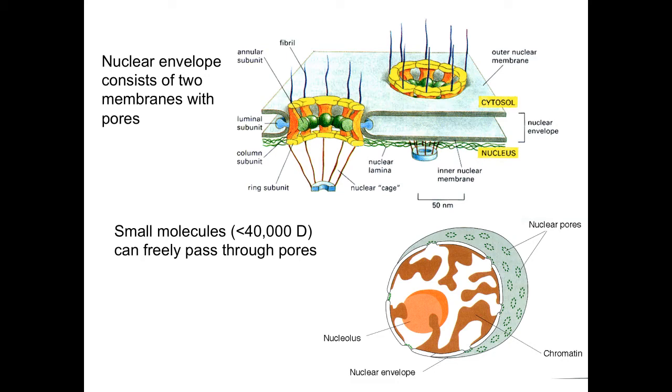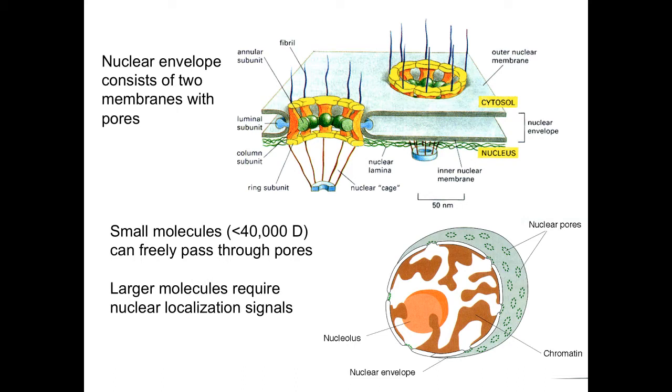So molecules less than about 40,000 Daltons can freely pass through the nuclear pores. Larger molecules require specialized nuclear localization signals, and the nuclear localization signals in those molecules will interact with some of the structural components in the nuclear pores so that larger molecules can pass.